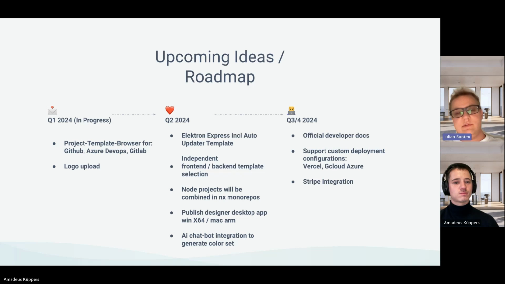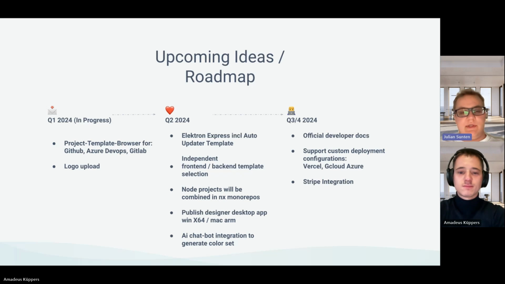So, for example, you select React for the front end and Express for the backend, then it will be shipped in an NX monorepo, which makes maintenance even easier for you, and which becomes best practice these days.